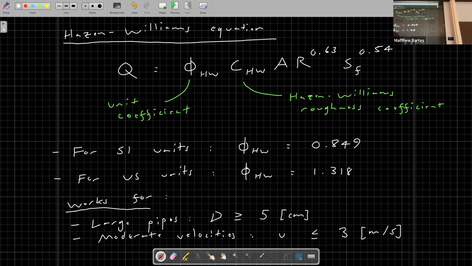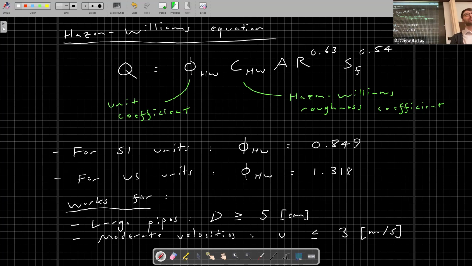And it's unitless, right? The unit coefficient? Yeah. No, it's not unitless. It has some very strange units because we're dealing with quantities raised to a non-integer power. So I'm not writing them down because the units aren't meaningful. They're just used to make the units work out.